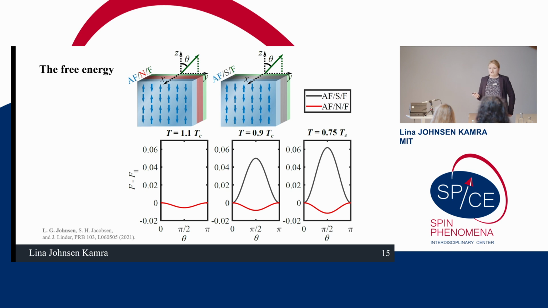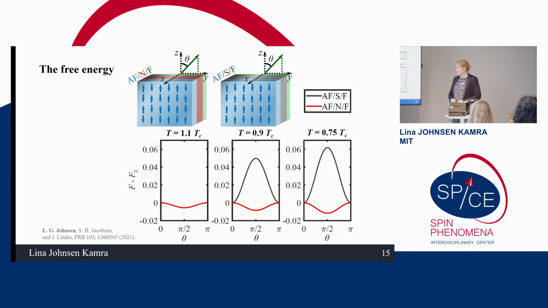Now, we can also consider the free energy, and that typically behaves opposite of the critical temperature. Here we study first, we can just set the superconducting pairing to 0 for the red curves, and compare to when we have superconductivity in our system.